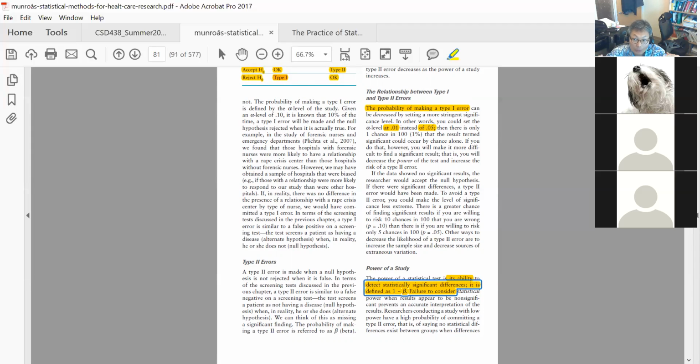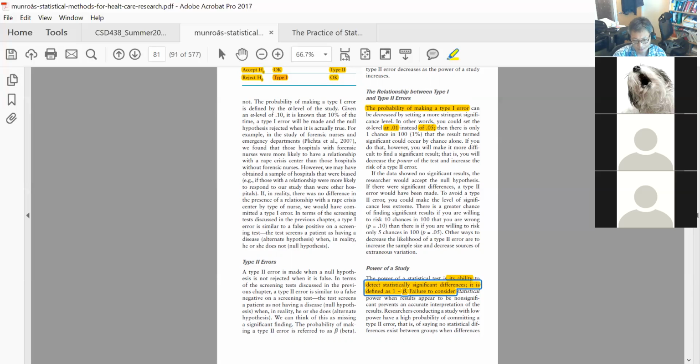That means we're going to have low and lower power, because they will be likely to make a type 2 error, right? We don't want those errors to be high. We want to reduce the type 2 error.